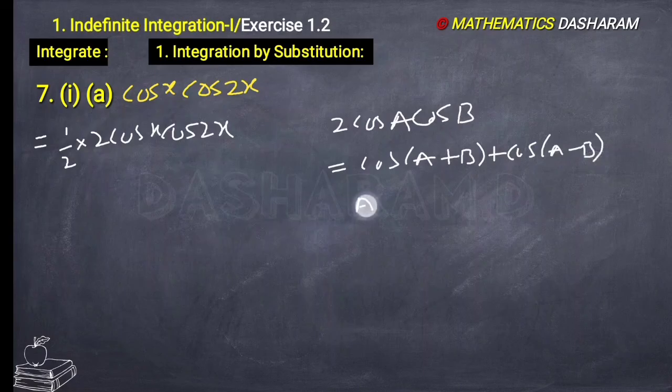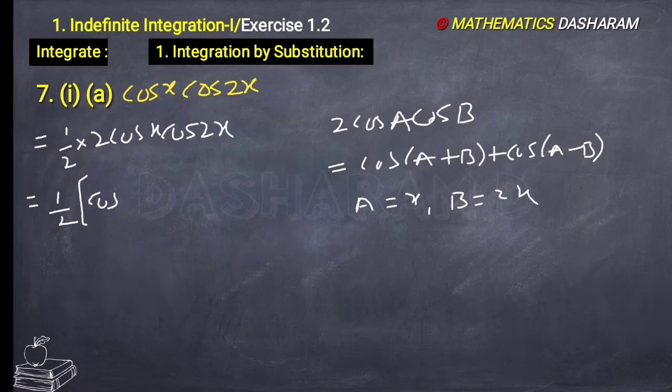So here a value is x and b value is 2x. Then it is equals to 1 by 2 bracket of cos(x plus 2x) plus cos(x minus 2x).